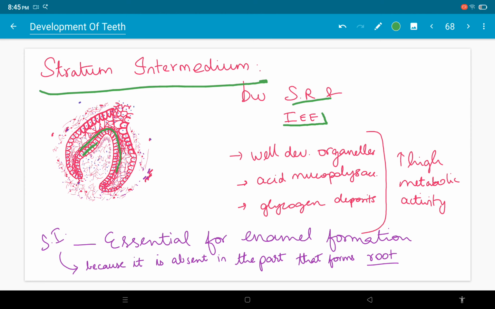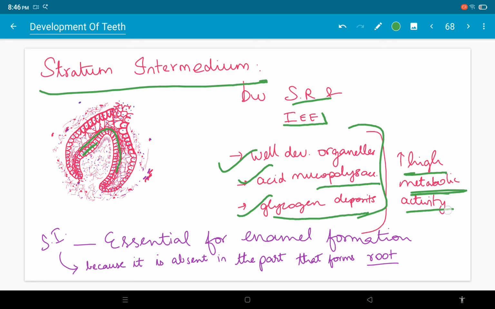You should know certain facts about the stratum intermedium. It has well-developed organelles, acid mucopolysaccharides are present, and glycogen deposits. All these are proof that there is high metabolic activity in these cells.